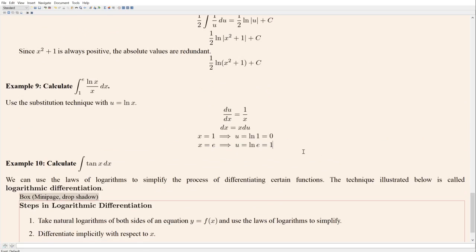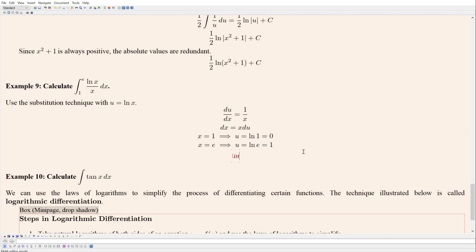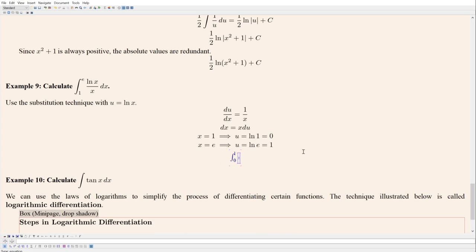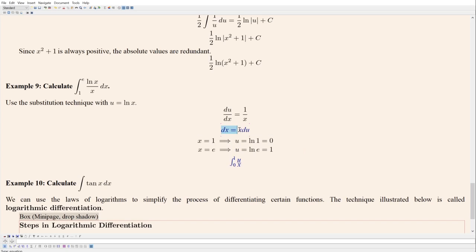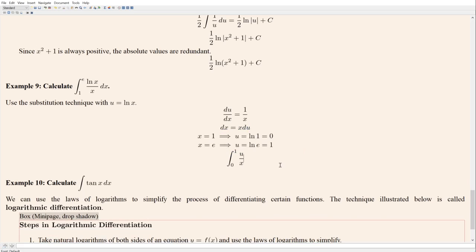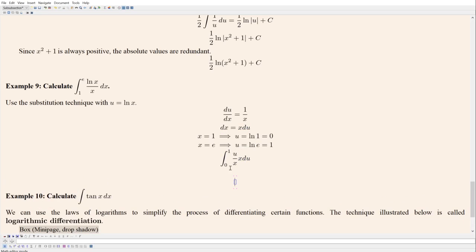So our integral becomes, instead of 1 to e, it is 0 to 1. Natural log x becomes u. x is x. And then instead of dx, I'm going to write x du. Well, how convenient. These x's cancel.